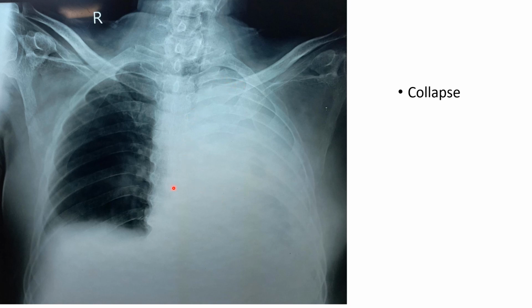Based on these findings, most likely there is a total lung collapse here. The rib spaces are not markedly reduced, but maybe subtly reduced. So whiteout with the shift of the trachea and mediastinum to the same side indicates collapse.